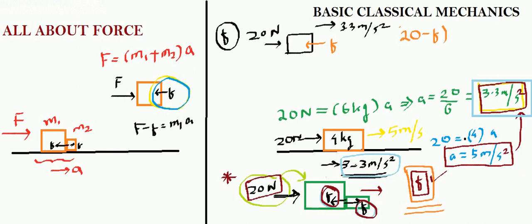And this minus f is nothing but an indirect indication. By writing this minus f in front of 20 Newton, I am indirectly putting the information that there is another block in front of the first block, actually decreasing the net force, as a result of which the first block is not moving at 5 meter per second square but at 3.3 meter per second square.